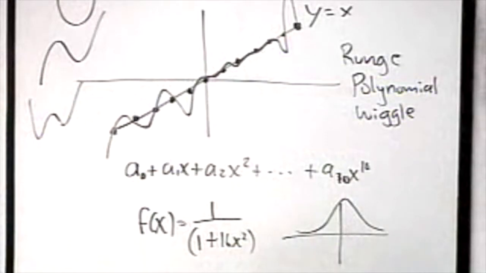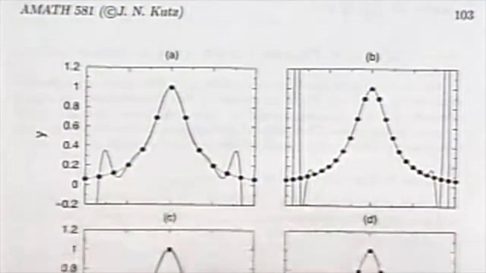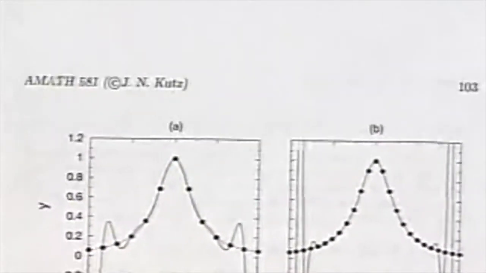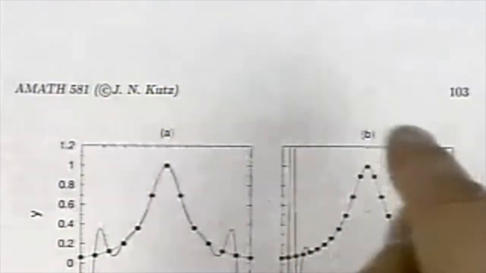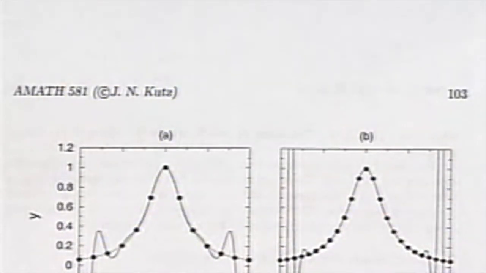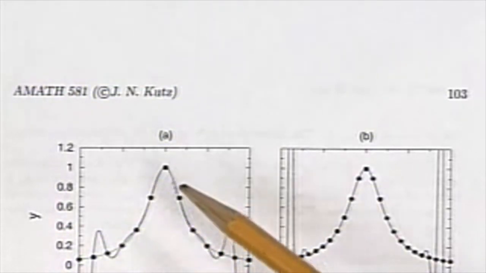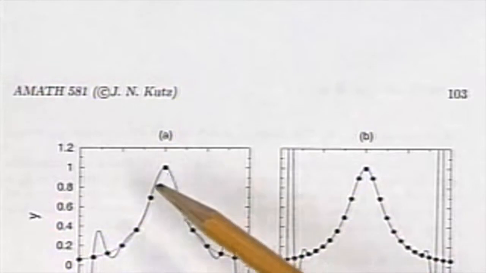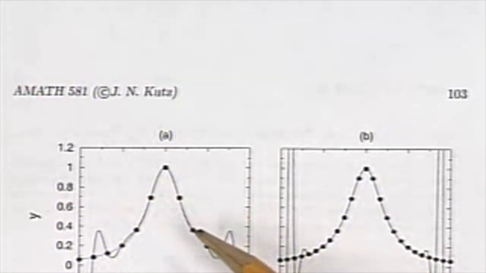Let me show you this here. You can't see what's below it right there. There we go. Perfect. Figure A and B. So figure A, what I've done is said, okay, 12 points. And look what happens. Along the peak of this function, it looks great. And what happens at the edges, though, is catastrophically bad.